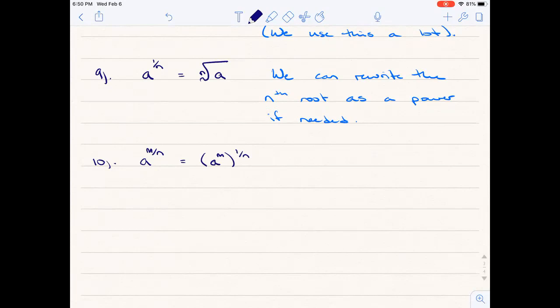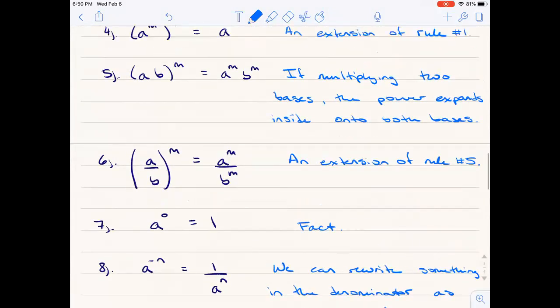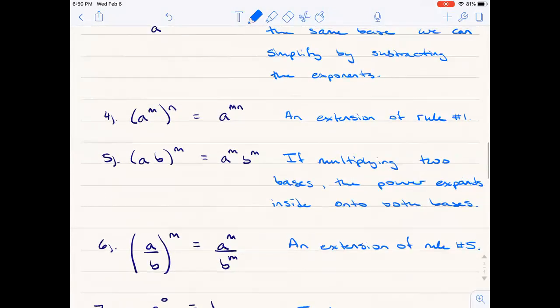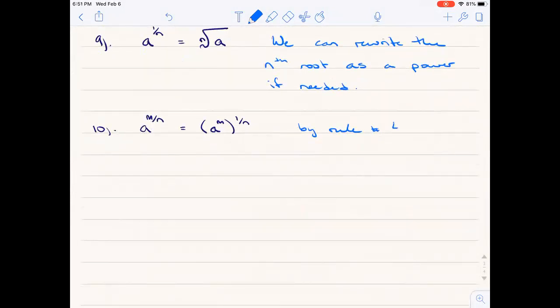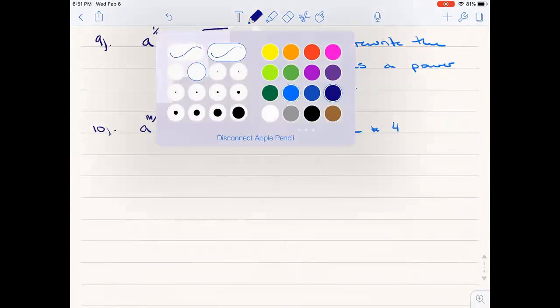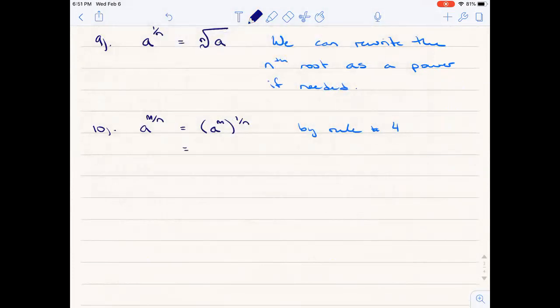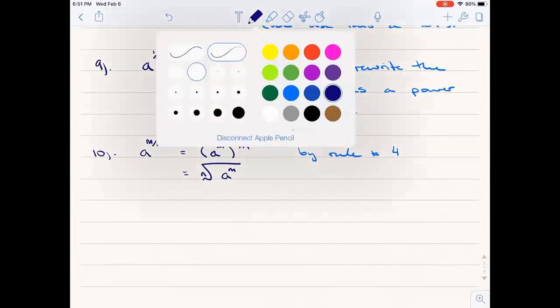And that's by rule number 4. But then this we can rewrite as the nth root of a to the power of m. Right, by rule number 9.